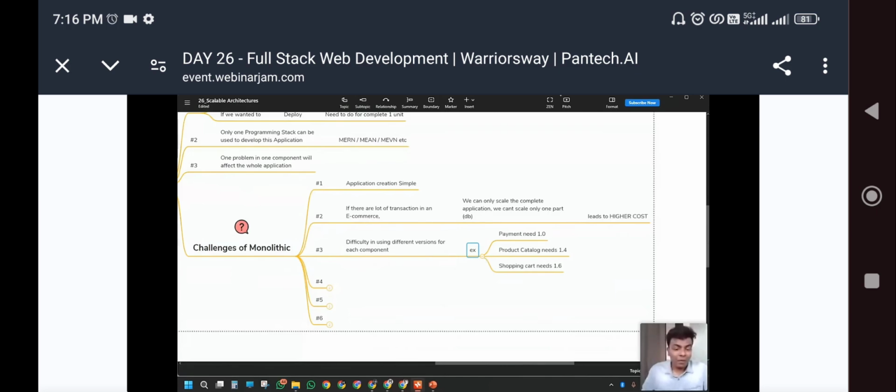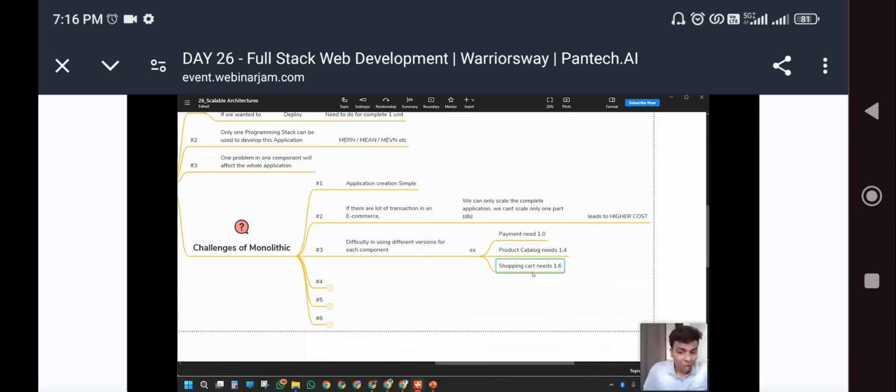For the backend, we'll be using Express and Node.js. What if a certain component in this monolithic unit, like payment, really requires Node.js 1.0? And what if the product catalog requires Node.js 1.4?